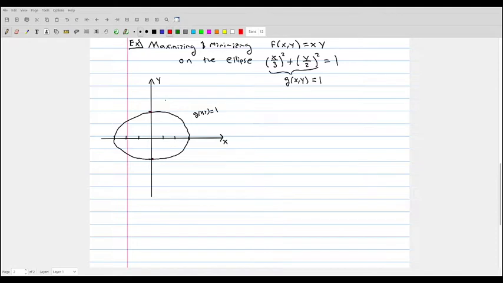And then we'll also draw the level curves of the function f, which are going to correspond to the following. At (1, 1), this function is 1. At (2, 1/2), this function is 1. And at (1/2, 2), this function is 1.